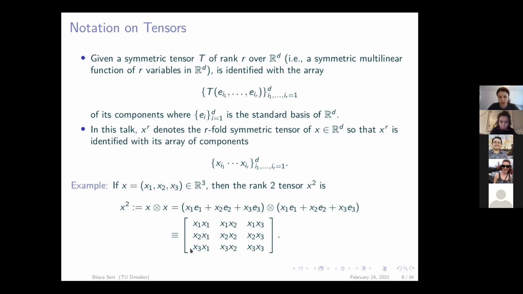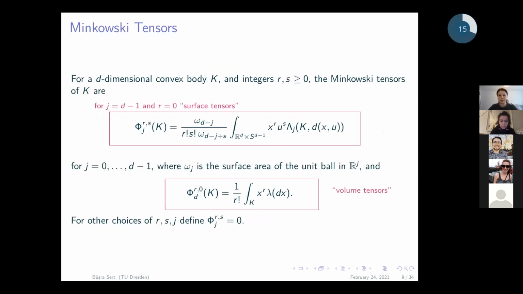We say rank 2 tensor because we take the tensor of x with itself and the exponent is 2. This is one of the important points to keep in mind, what we mean by rank. It's the exponent.